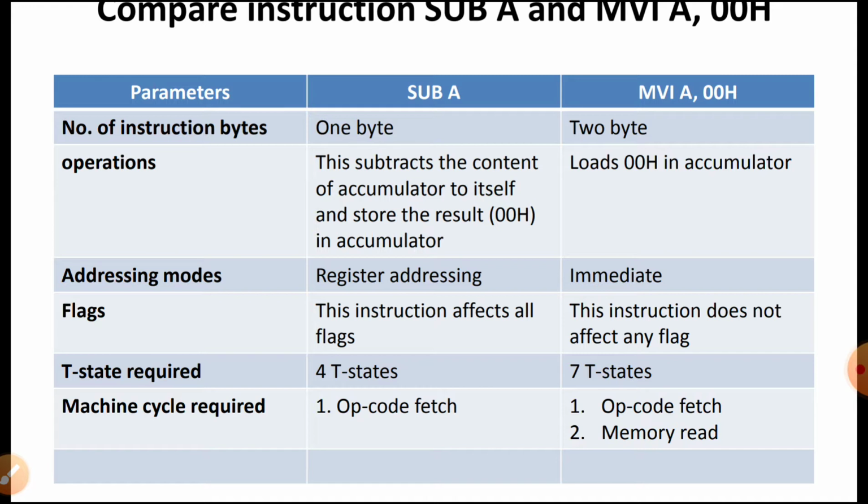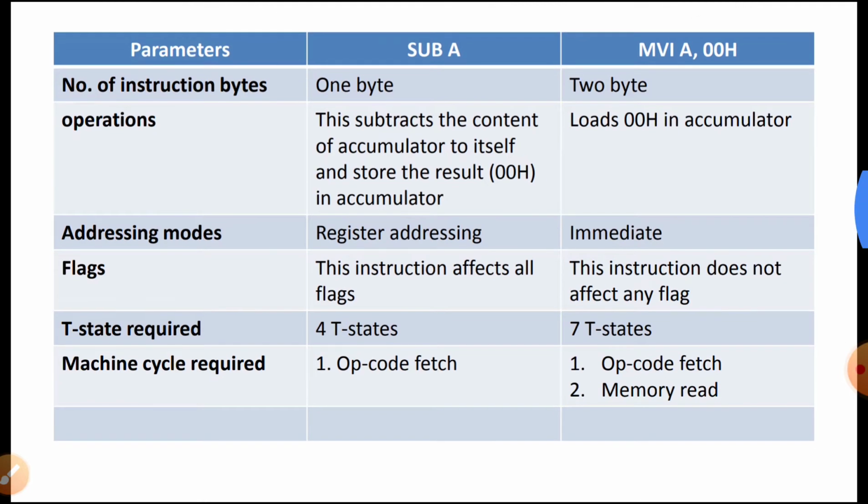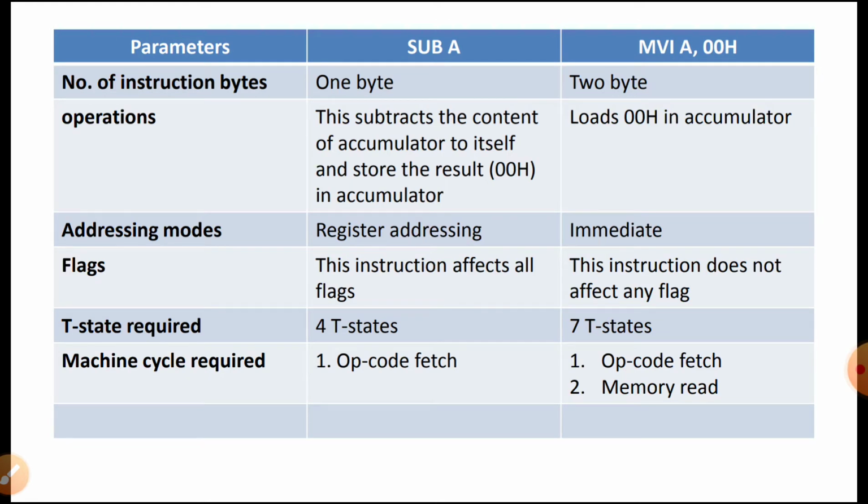Now, as I told you, as far as the operations are concerned, SUB A is going to subtract the content of accumulator from itself and the result will be 00, and MVI A,00 will load 00 in the accumulator. So the result of both instructions is 00. As far as the addressing mode is concerned, SUB A belongs to register addressing mode and MVI A belongs to immediate addressing mode.